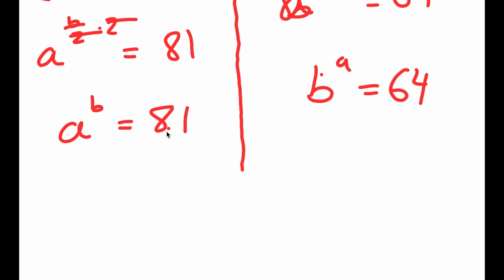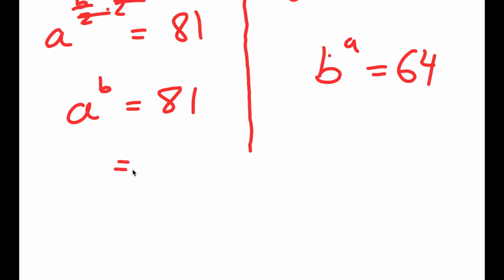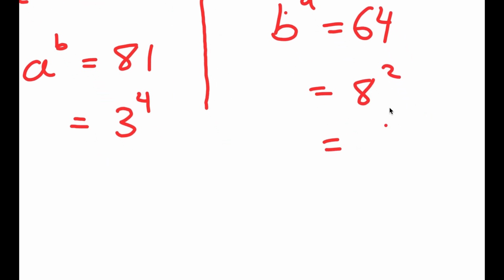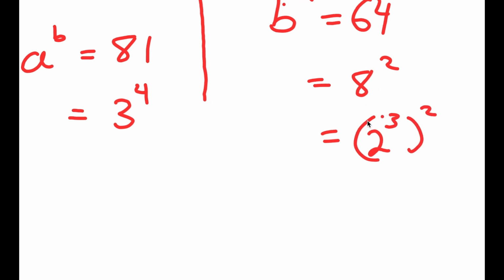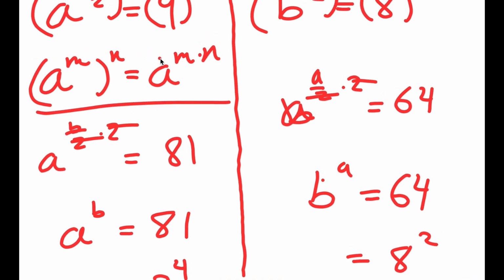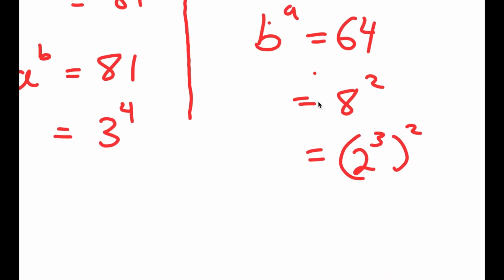Now, 81 is the same thing as 3 to the power of 4. And 64 is the same thing as 8 squared, which is equal to 2 to the power of 3 to the power of 2. 8 is the same thing as 2 to the power of 3. And again, a to the power of m to the power of n is equal to a to the power of m times n.